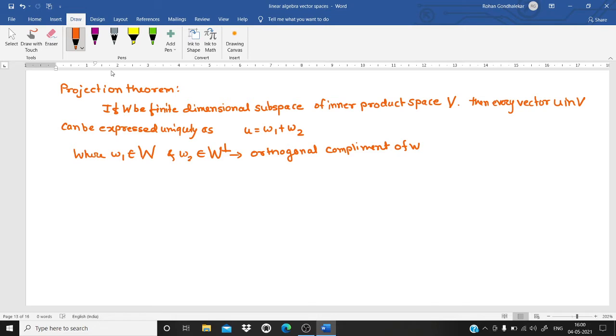So some set W will be provided. Okay, just a minute. We solve one problem which will elaborate in detail. So let W be the span of two sets. W is a subspace basically, which is the span of these two vectors.